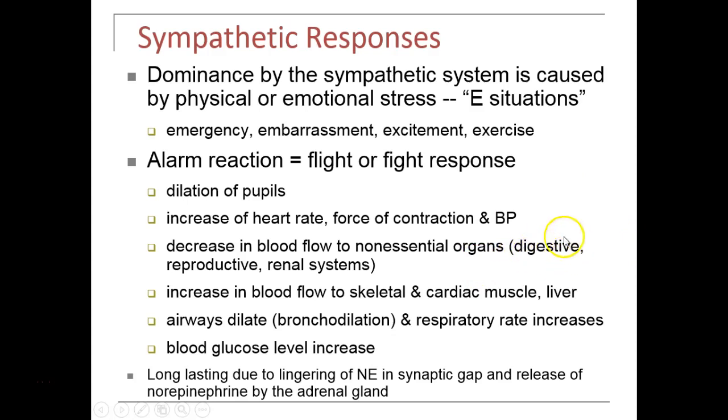So the digestive system organs are non-essential at that moment. You don't need them to live if you're about to die immediately. Your reproductive structures and organs, they're non-essential. Your kidneys and other parts of the renal system are not all that important at that moment. Obviously, everything in our body is important, but not at that moment. So we have to decrease blood flow to these types of organs and tissues.